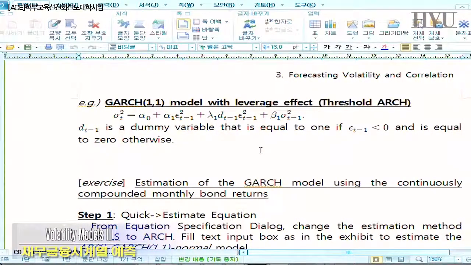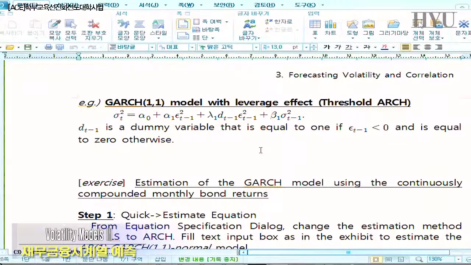Of course, there could be many other factors that might affect current volatility. Suppose you have a variable known at t.